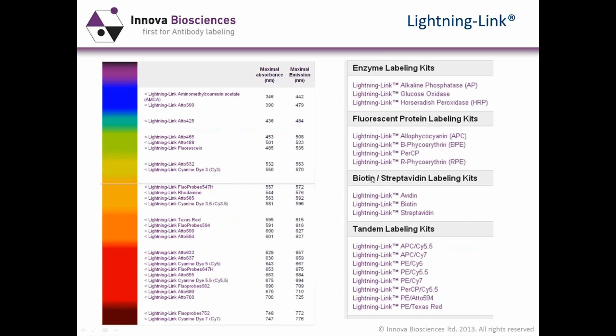And as I said, just to reiterate, these are all the various kits that we have available on the website: the enzymes, the fluorescent proteins, the biotin, streptavidin, the tandems, and our fluorescent dyes, ranging from the UV to the far infrared.